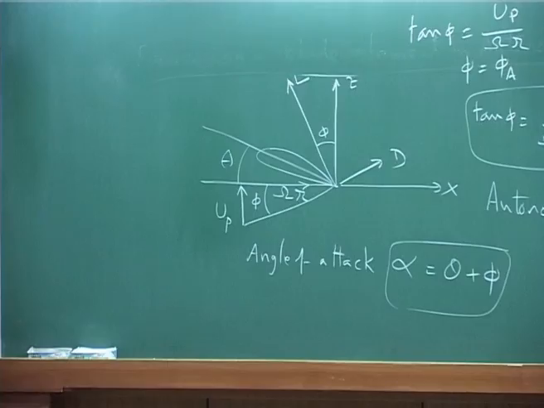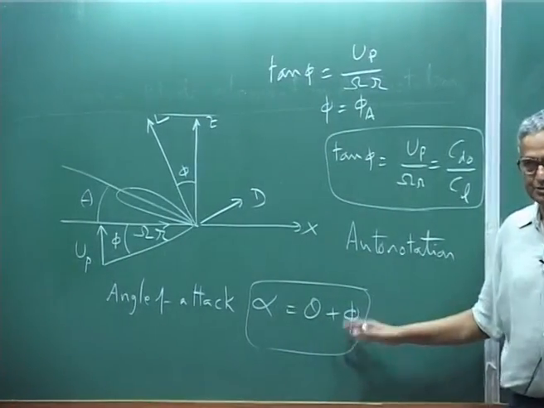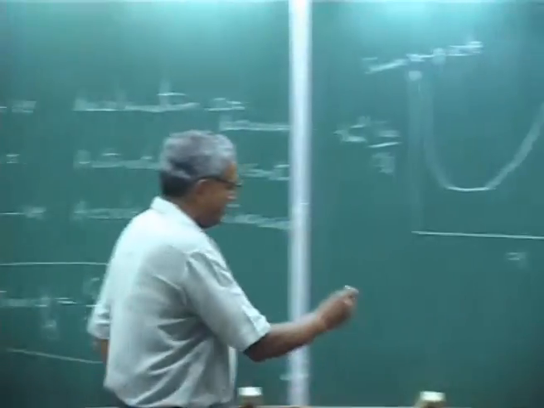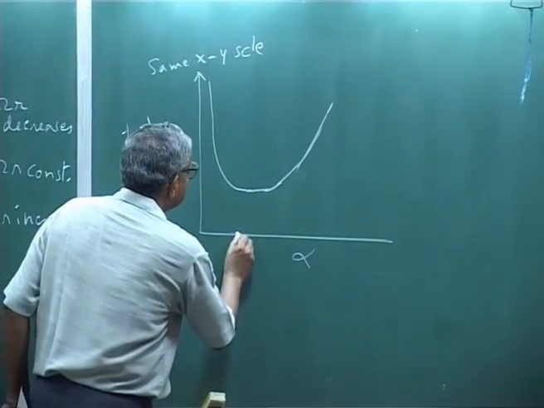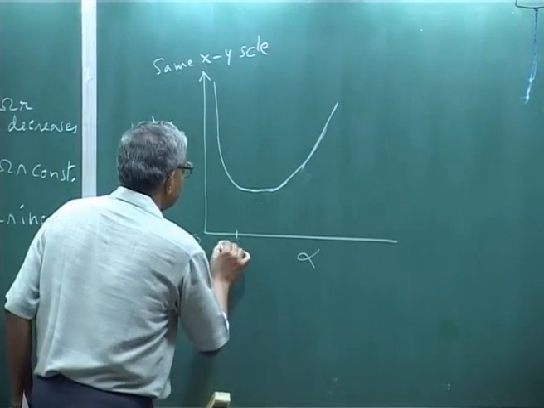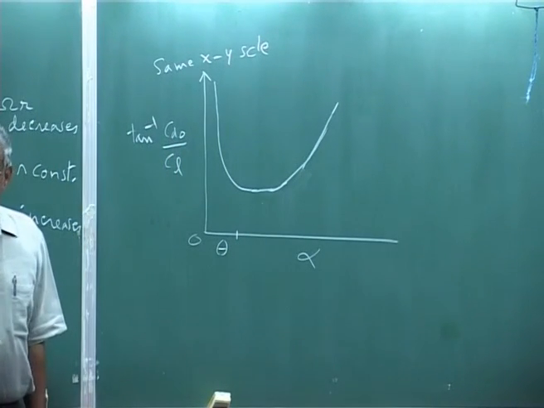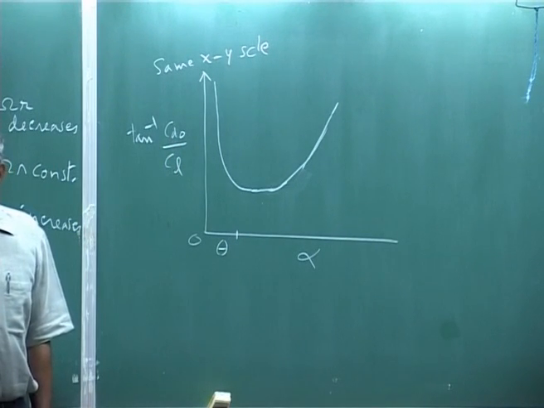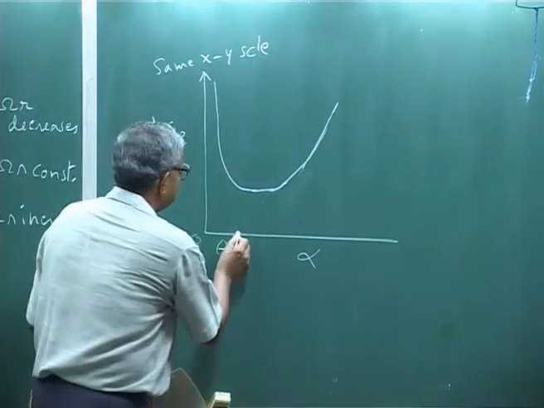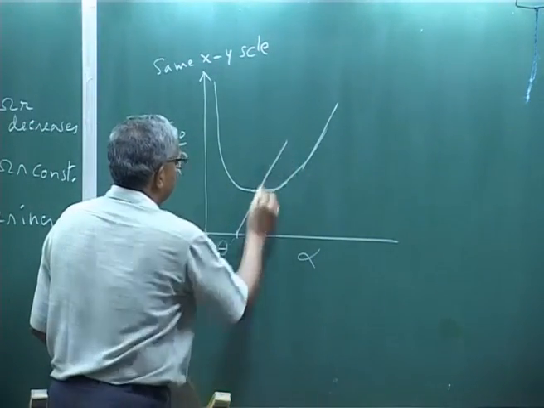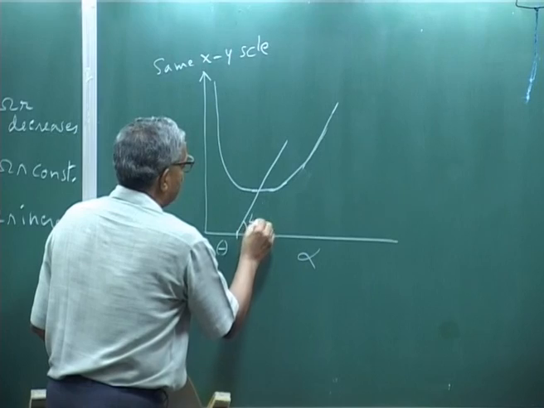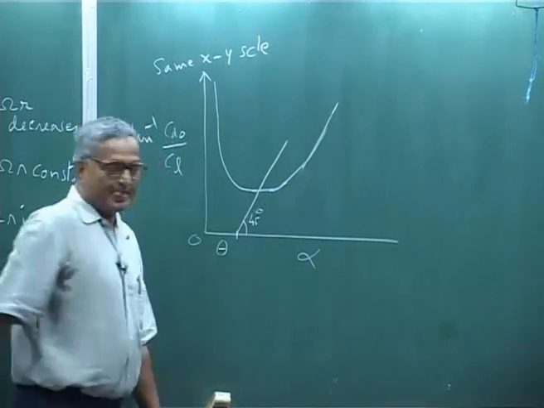Angle of attack is theta plus phi. This is 0, I take some theta, and draw a 45-degree line from here. This is 45 degrees.